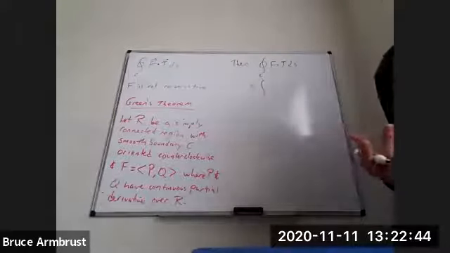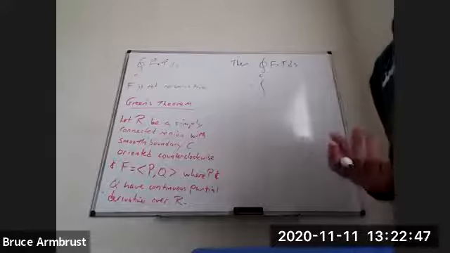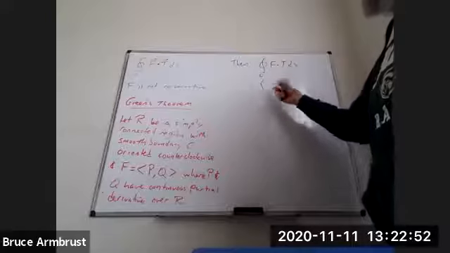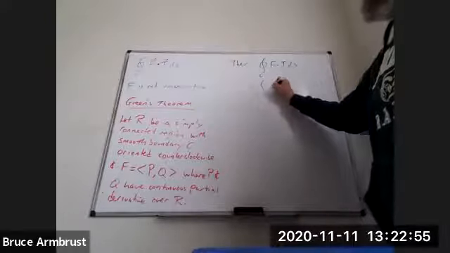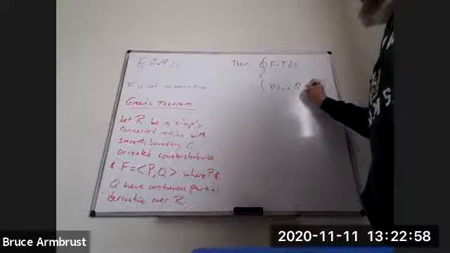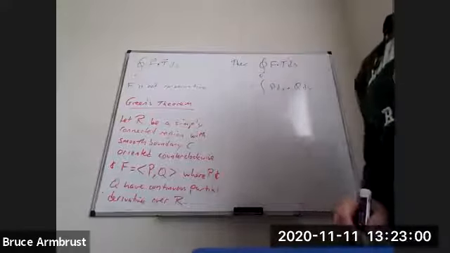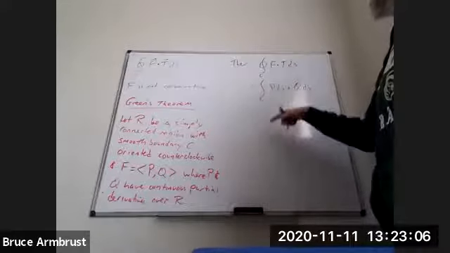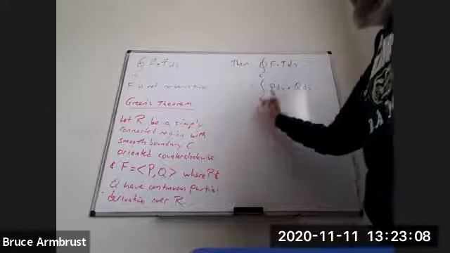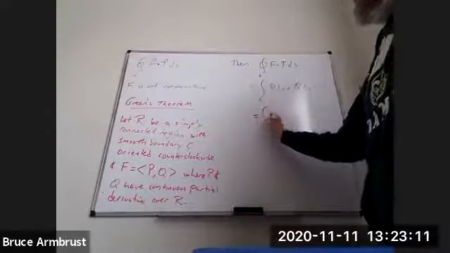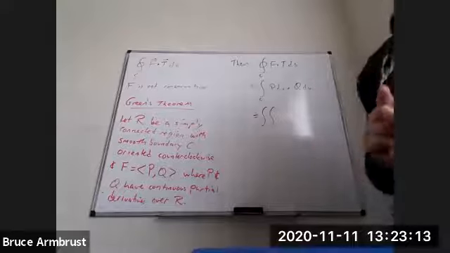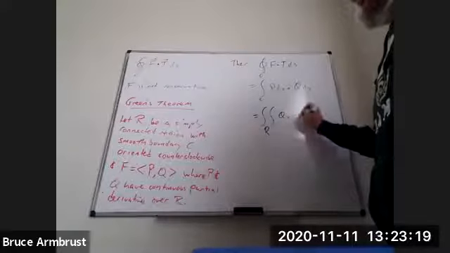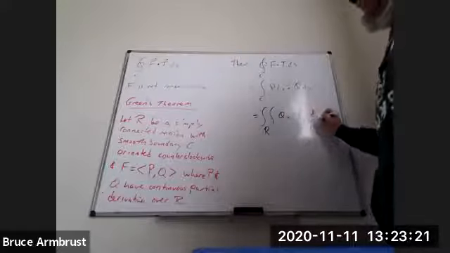I don't know that I actually showed you this, but it would look like P dx plus Q dy. Okay, so it's just another way of seeing the line integral. But this is actually equal to a double integral over the region of Q_x minus P_y.